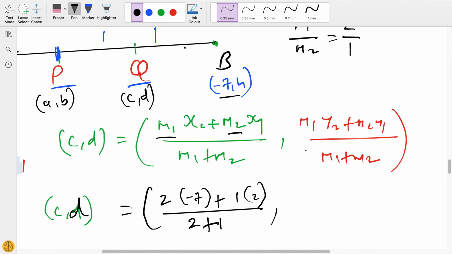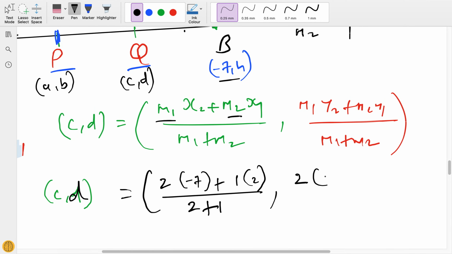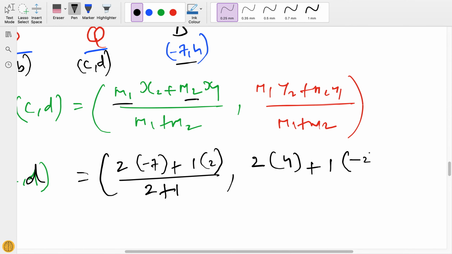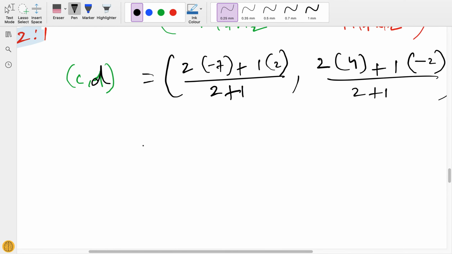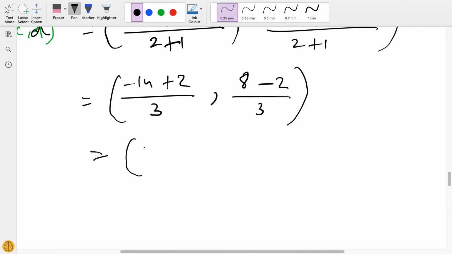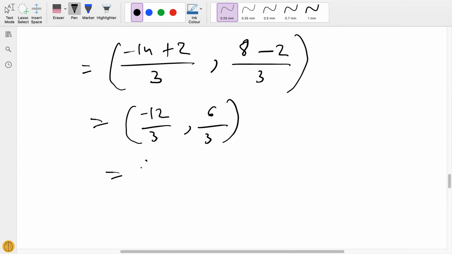And m1y2 plus m2y1: m1 is 2, y2 is 4, plus m2 is 1 and y1 is minus 2, upon 2 plus 1. So it will be (minus 14 plus 2) upon 3, and 2 fours are 8, minus 2 upon 3. So it will be minus 12 by 3, 6 by 3. So the answer will be minus 4 comma 2. So these are the coordinates of the point Q, right?